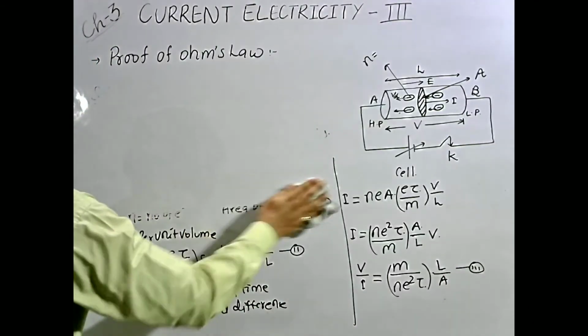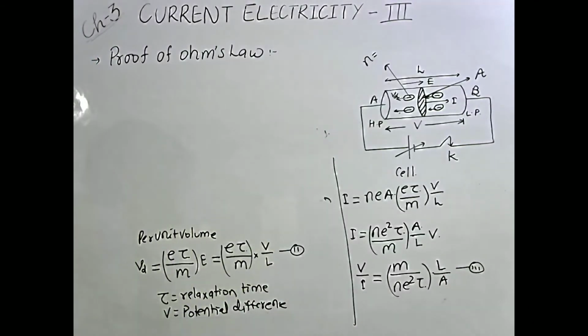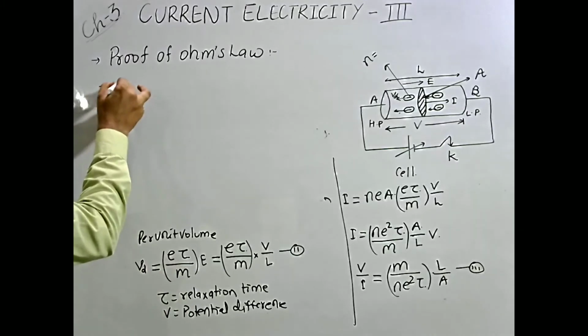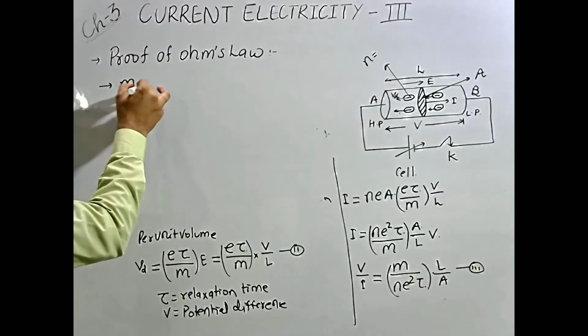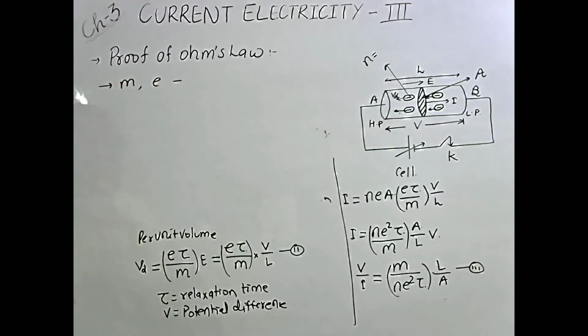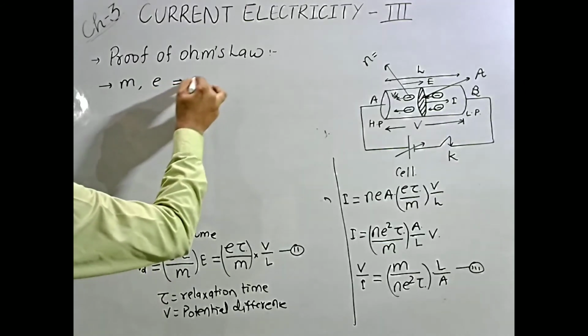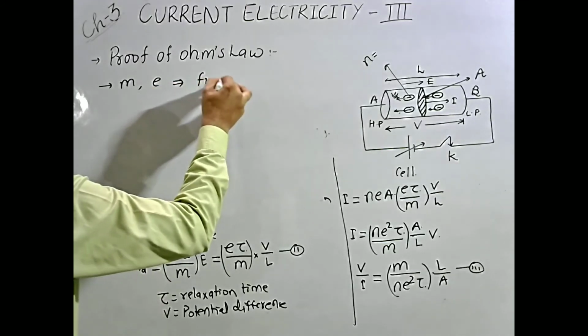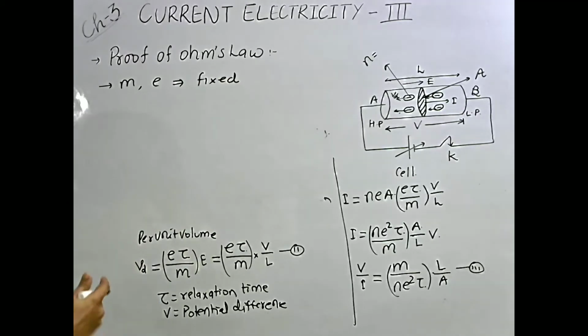After that you can see m and e: m is the mass of the electron, e is the charge on the electron. They remain fixed for the given conductor.